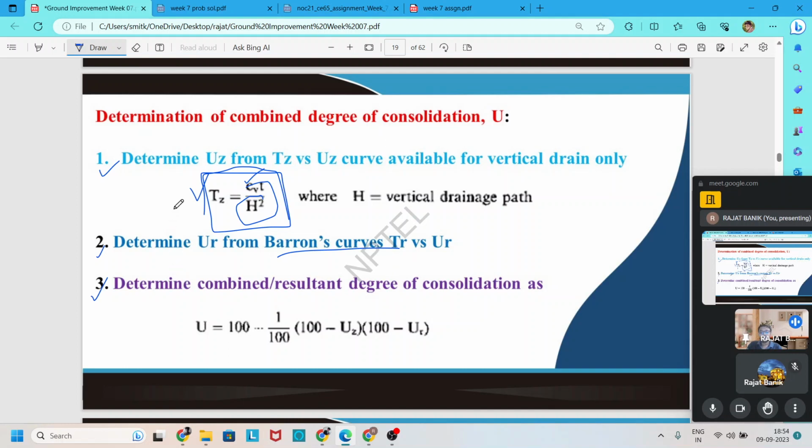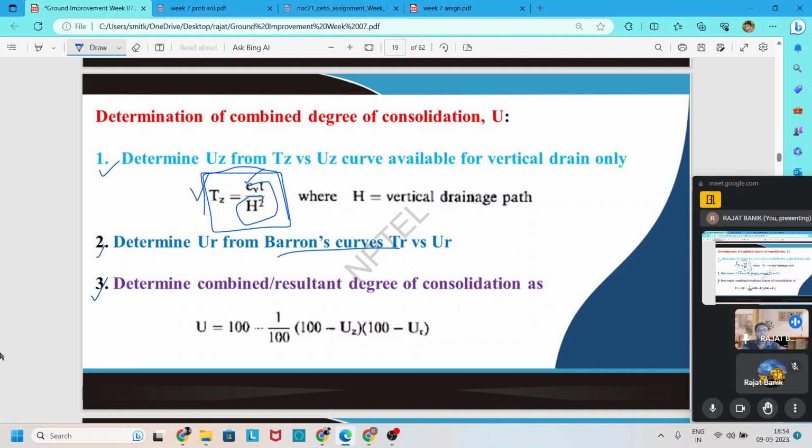After finding the vertical degree of consolidation and the radial degree of consolidation, we find the total consolidation. To find it, we combine the vertical as well as the radial degree of consolidation.